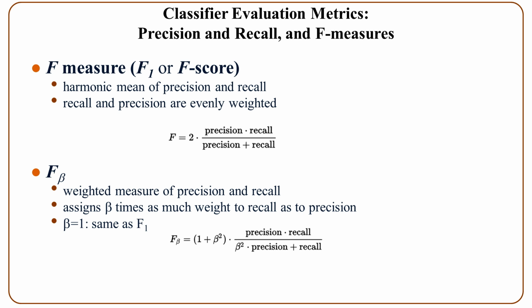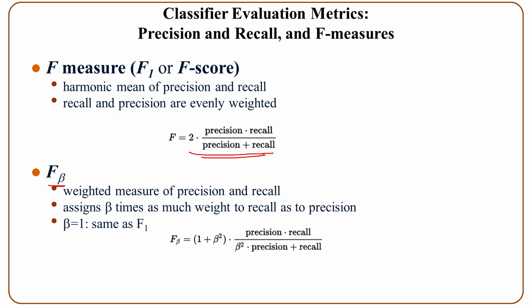Some other metrics are the F measure, also called F1 or F score. It is the harmonic mean of precision and recall. In this metric, recall and precision are evenly weighted. F beta is a more general metric.